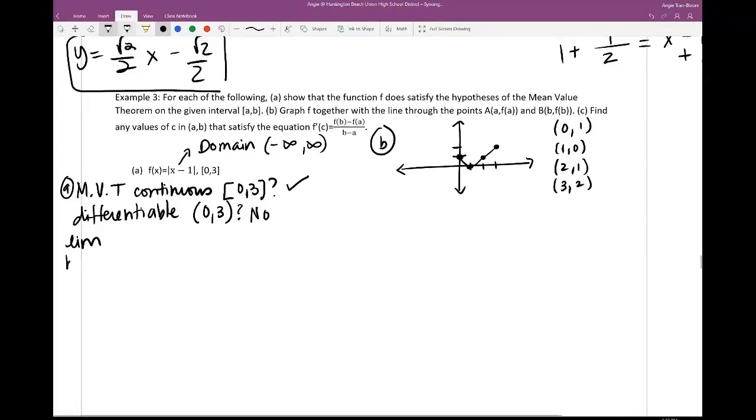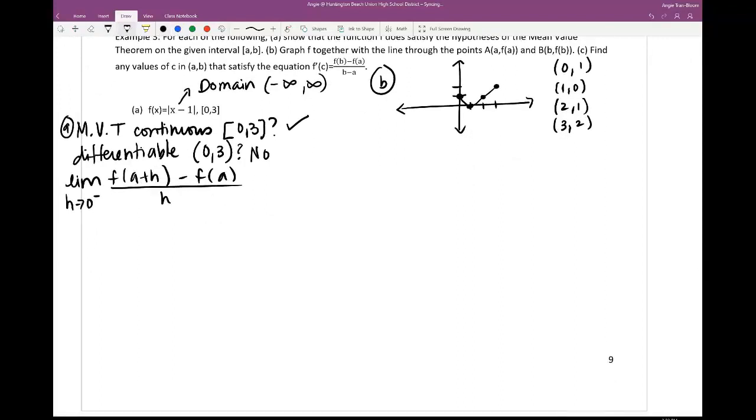Limit as h approaches 0 from the left of f of a plus h minus f of a, taking you back to the formal formula. As you can see, the issue really is at a equals 1. So limit as h approaches 0 from the left of f of 1 plus h minus f of 1. We found earlier that f of 1 is 0.